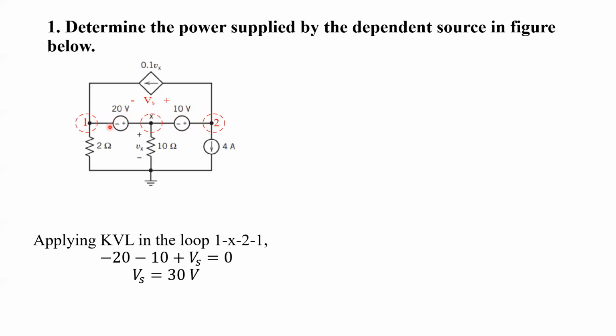So we have to consider this as a supernode. When applying KCL at this supernode consisting of nodes 1, x, and 2, we have to neglect all the elements between these nodes. We have to neglect this 20 volt source, this 10 volt source, and even this current source, because these are present between two nodes, right?